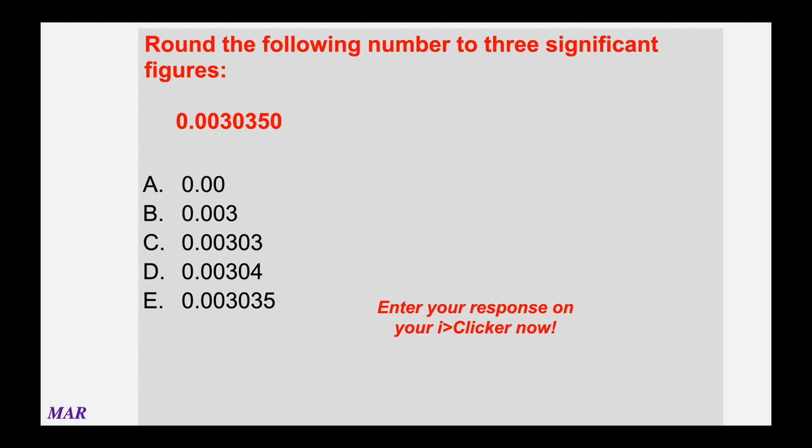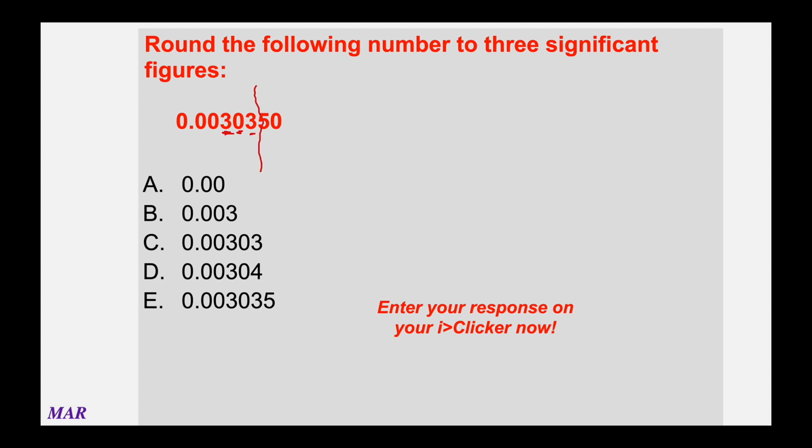Let's round this number to 3 significant figures. Now, first we have to see where the sig figs start, all right? And remember that zeros at the beginning usually don't count in terms of sig figs. So the first digit to count is this 3 right there. So 3 sig figs, 0.00303, that would be 3 sig figs.